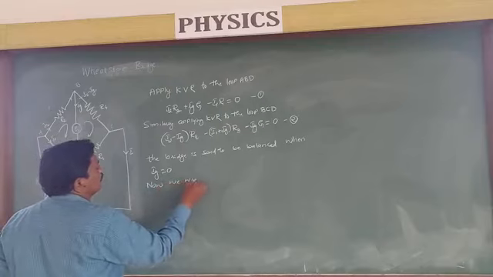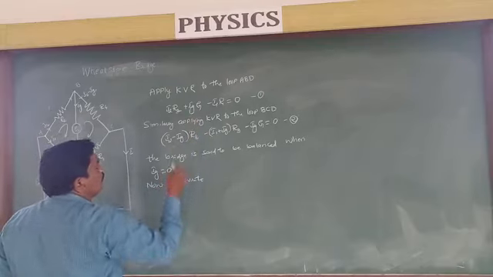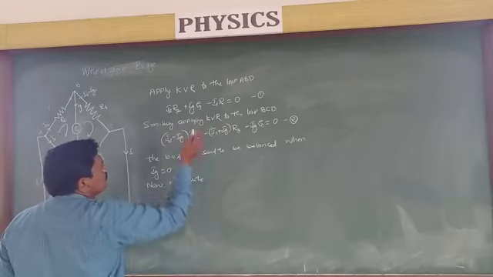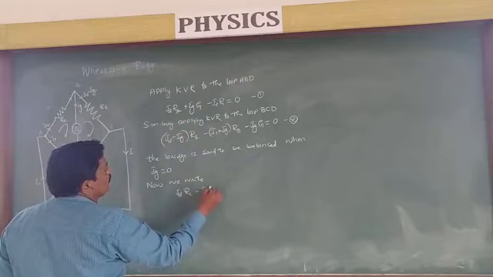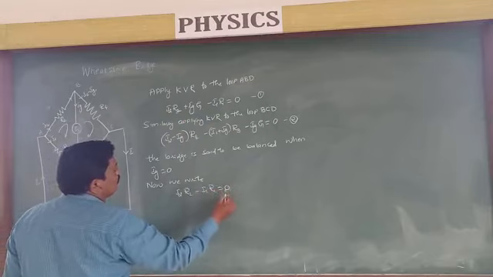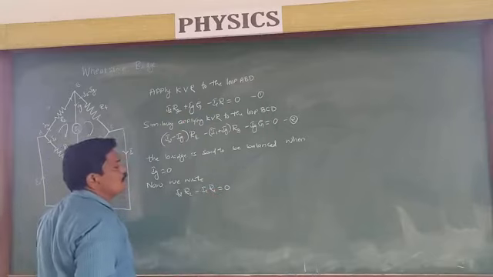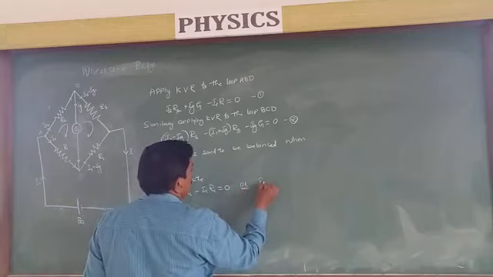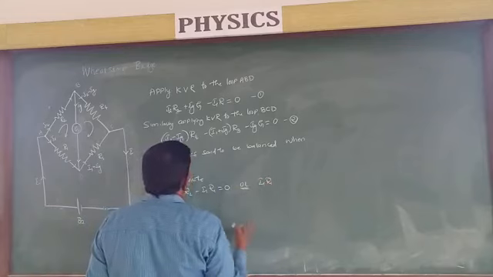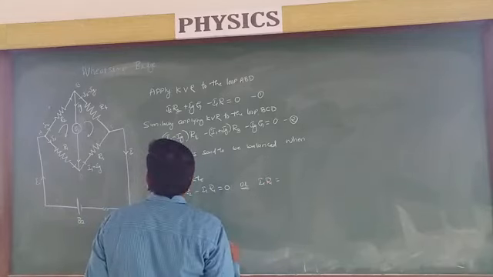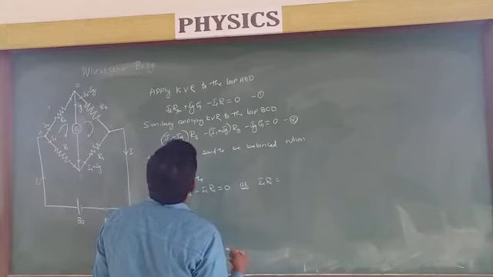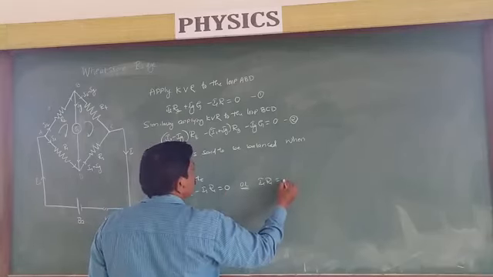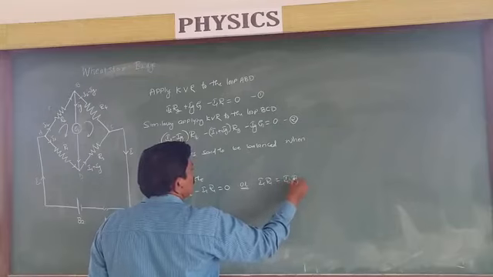Okay. So now we write I2 into R2, this one is 0, minus I1 into R1 equal to 0, or I1 into R1 equal to I2 into R2.